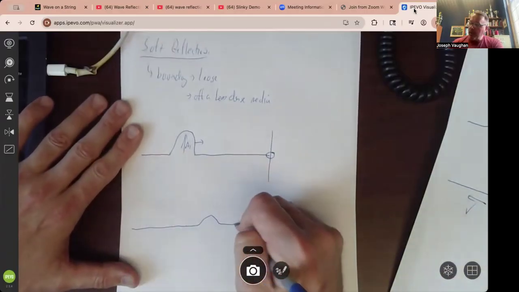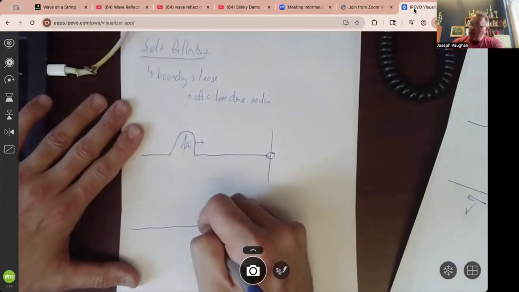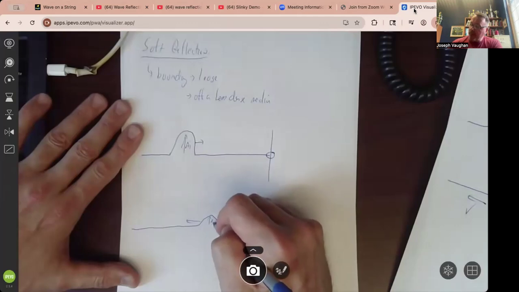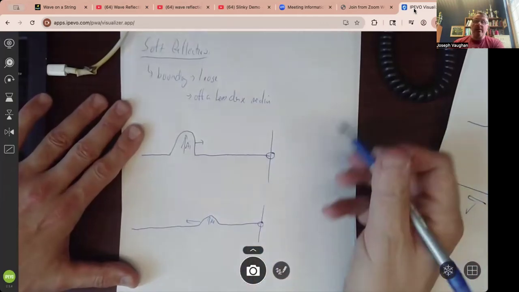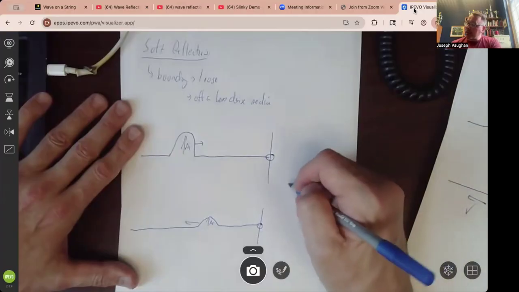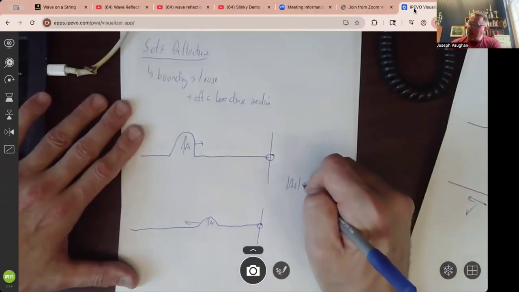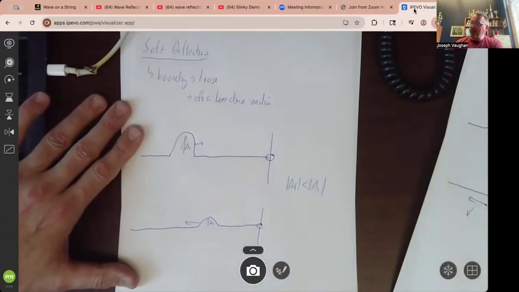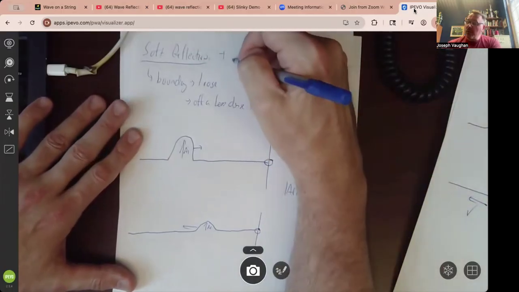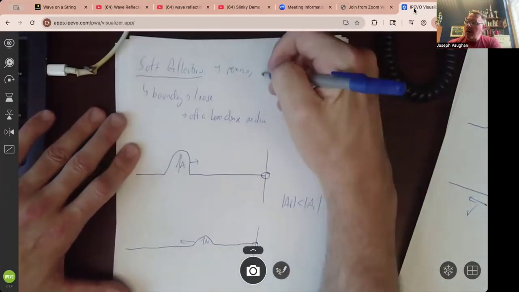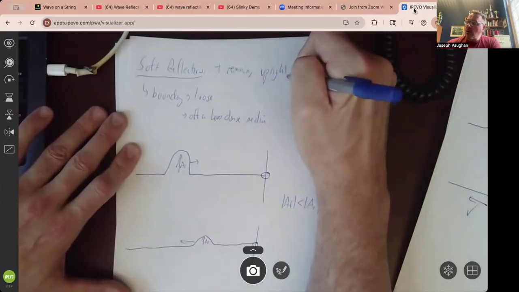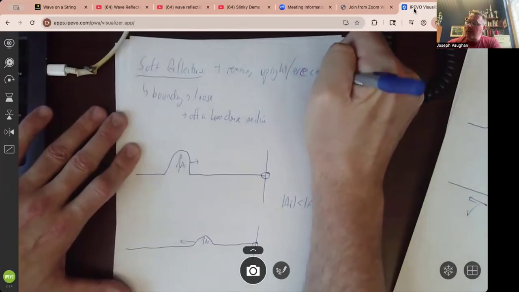Our reflected pulse is going to be smaller again. The direction changed and back it goes. So once again, AF is less than AI. Okay. And there's no inversion. We say this remains upright or erect, right?